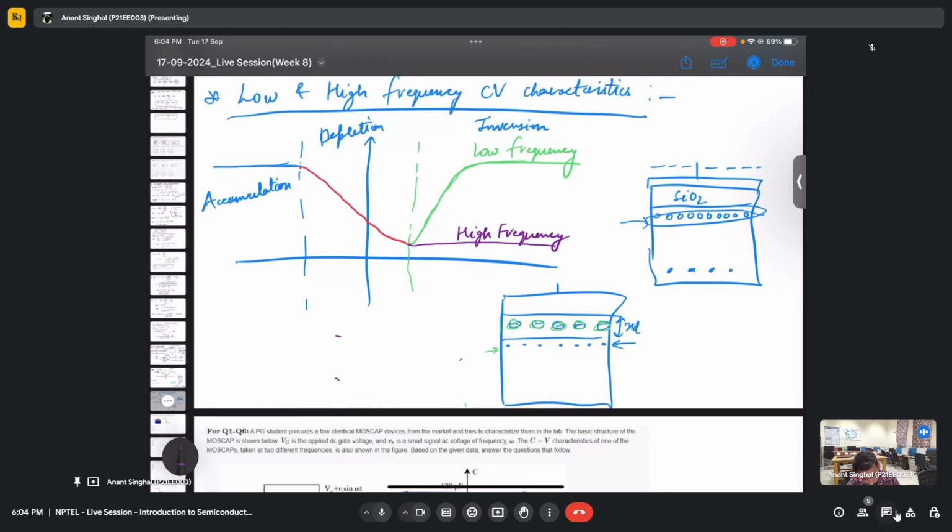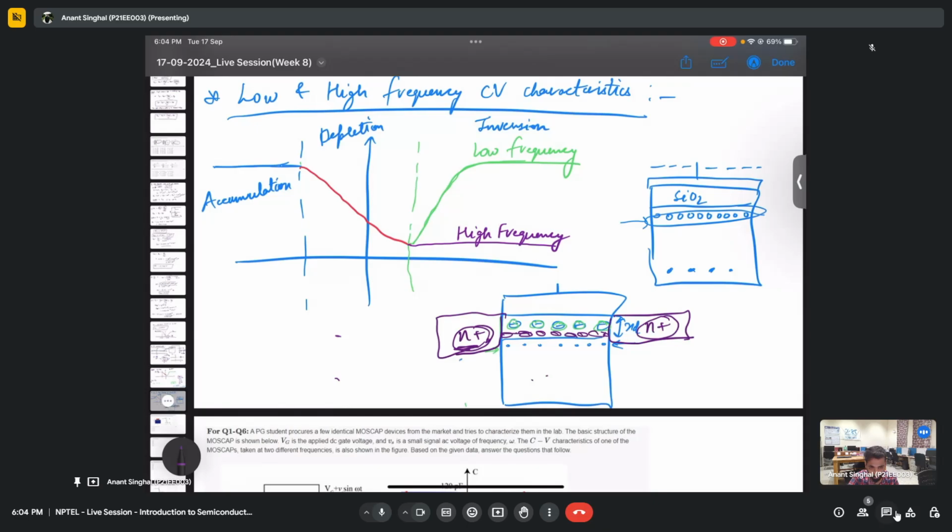We have the same structure, except that we have source and drain carriers, which are Na plus, very highly doped with electrons. Since we have this Na plus, these electrons can quickly make this inversion layer. So even if I give a very high frequency, this will always go up for a MOSFET as compared to a MOS capacitor. And in every VLSI interview, they ask this question, why does it happen? So if you know this, it is a good thing.